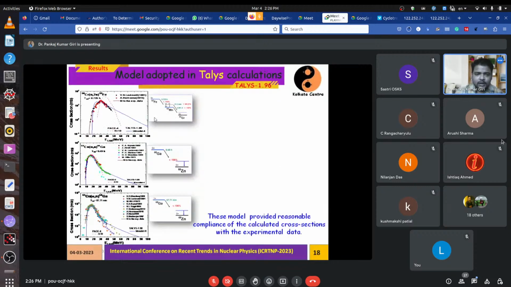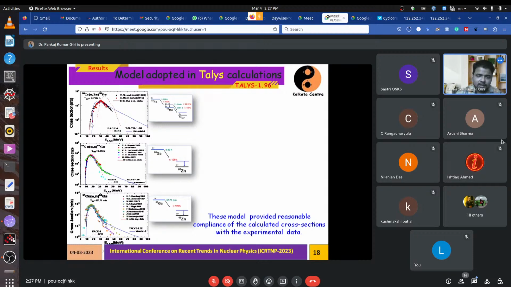And then when we are applying these models with the IAEA index data set, you can observe that the compound nucleus model, PACE 4, is completely offset from the experimental data.